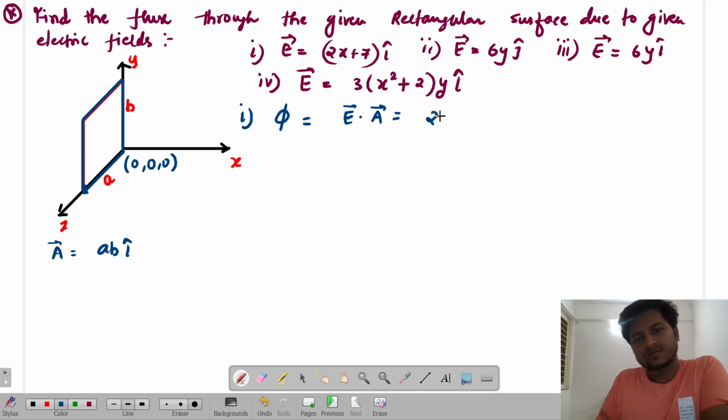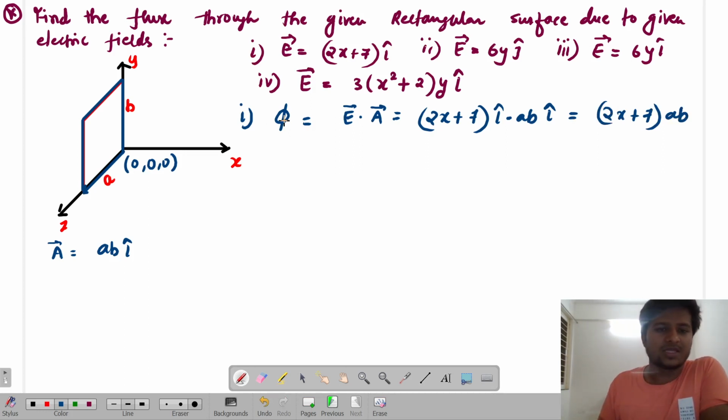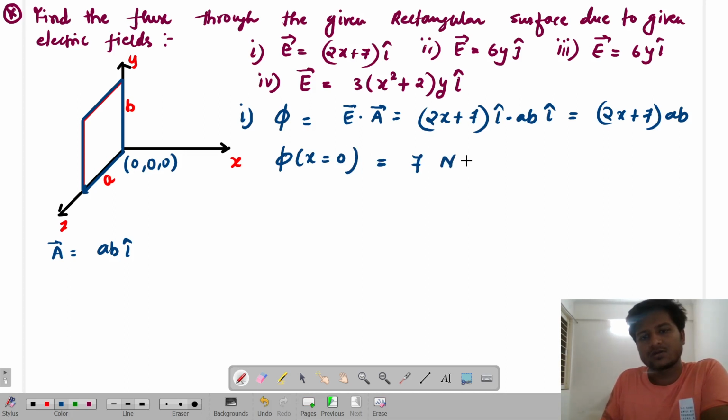So what will that be? (2x + 7) i cap dot AB i cap. So that is (2x + 7) AB, isn't it? But that flux is present at x equal to 0 or not? The area is at x equal to 0, so I will define the flux for x equal to 0. So what is that? 7AB newton meter square per coulomb. Right or not? 7AB, sorry.